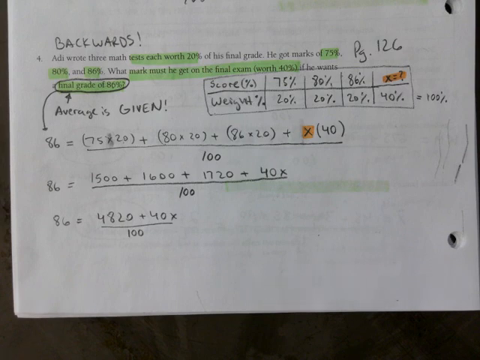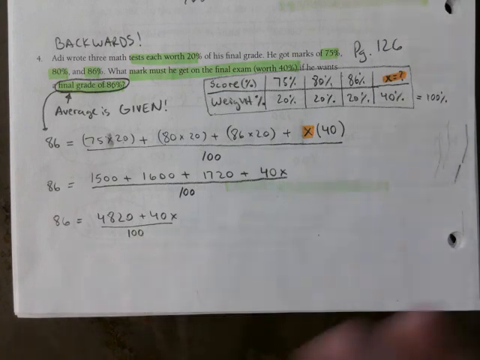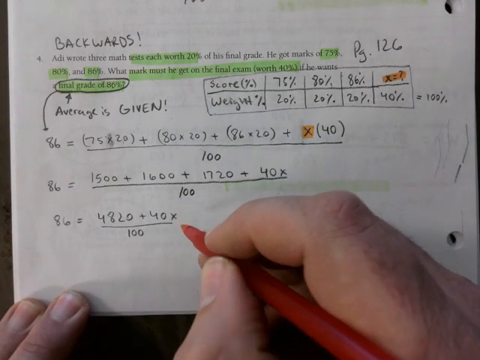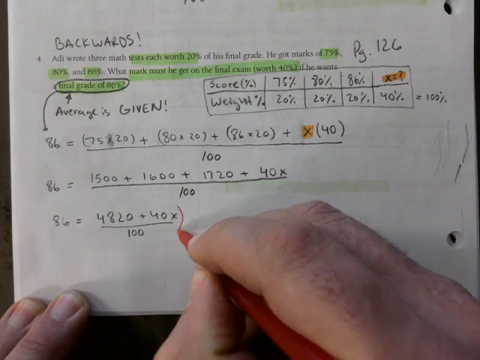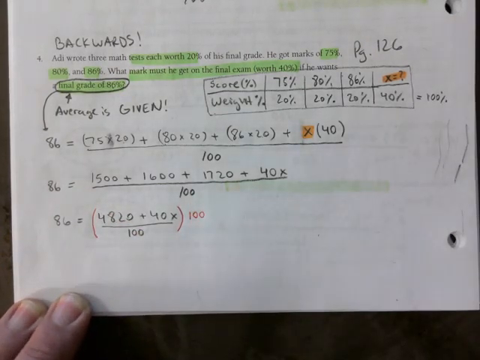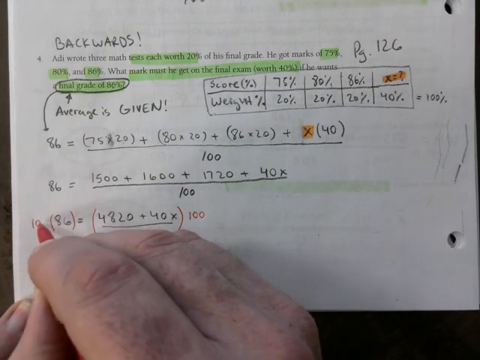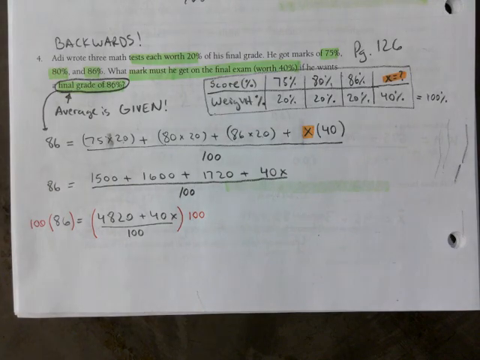Multiply both sides by 100. Yeah, because of this. So anytime you have a 5, a 3, anything, divide and get rid of it. So this is how I show it. I take the whole side and I just multiply that by 100. I take the other side and I do the same thing. If you have a red pen or a highlighter, it helps to see what happened after.